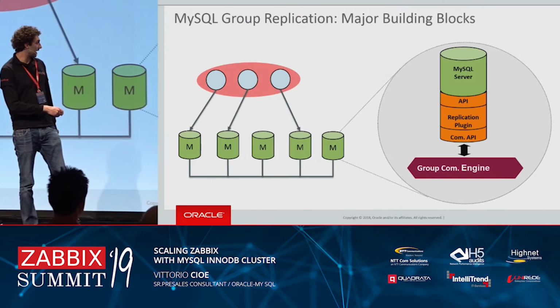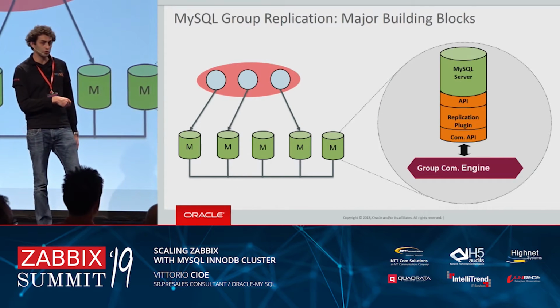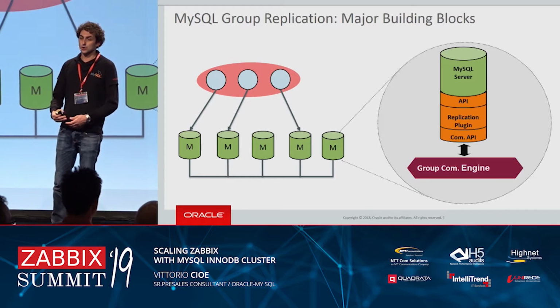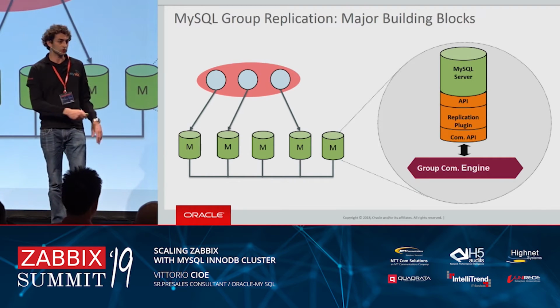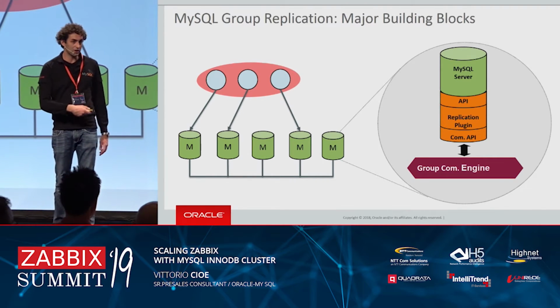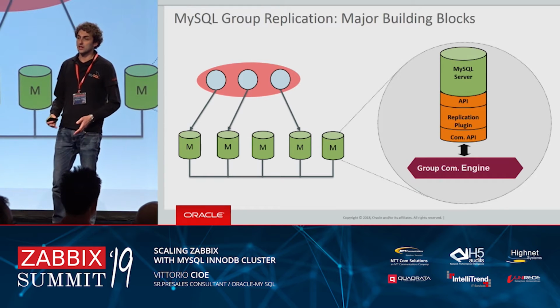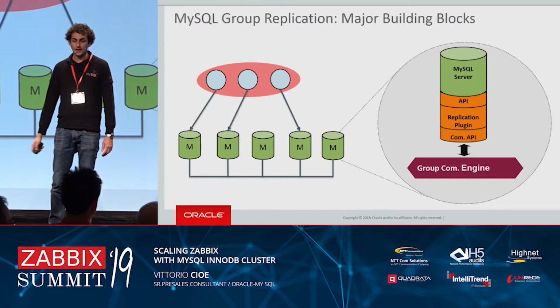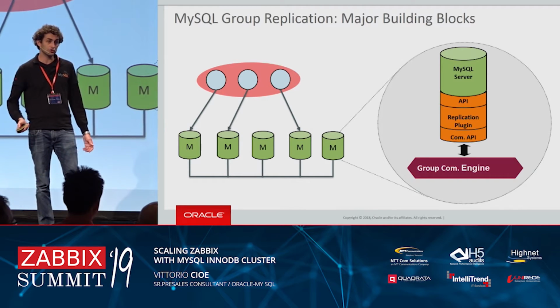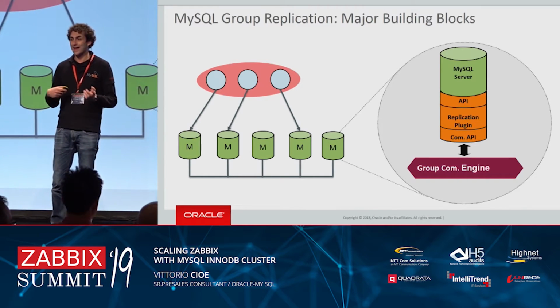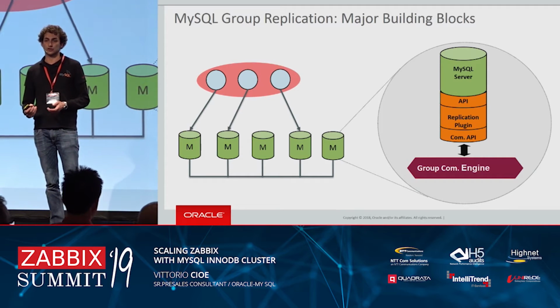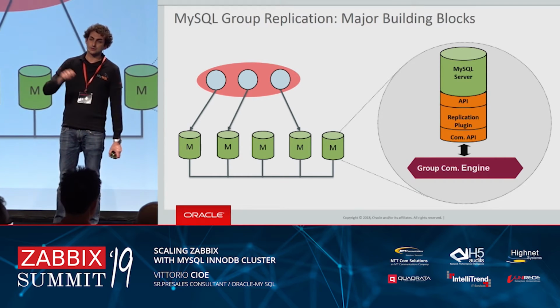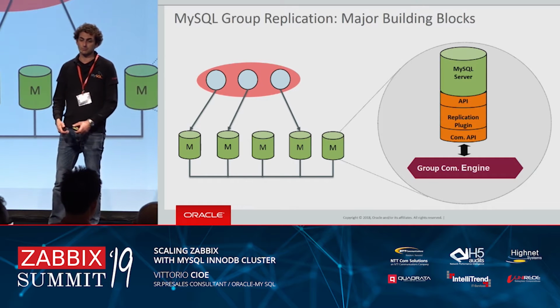And on the other side, to communicate with the other nodes via the so-called group communication engine, which is composed of all the communication APIs. This is the place where the communication really happens. And the replication plugin handles the replication itself, so it writes to the binary logs and reads from the relay logs.